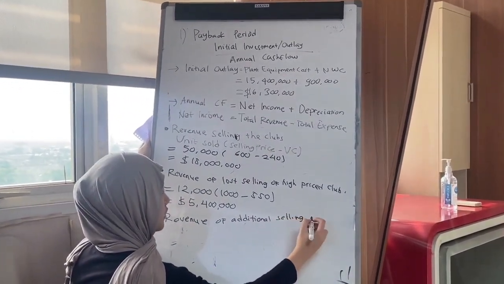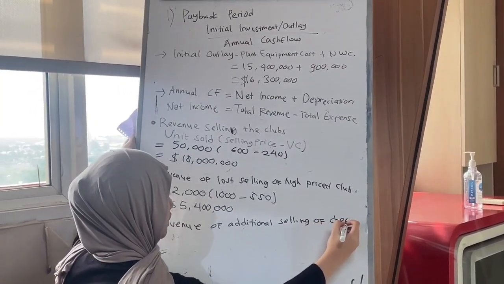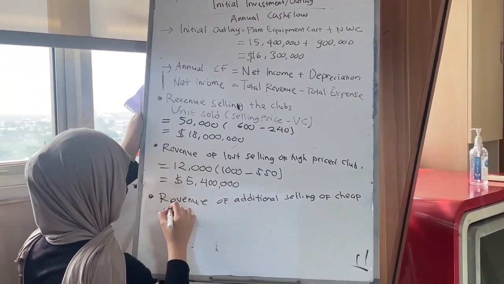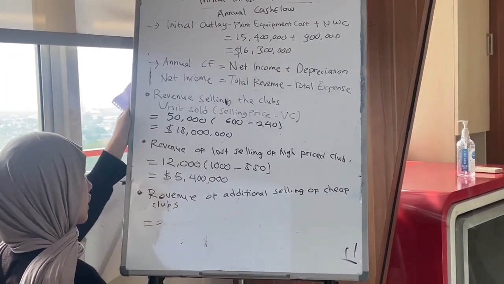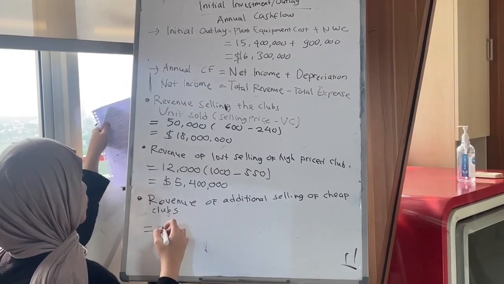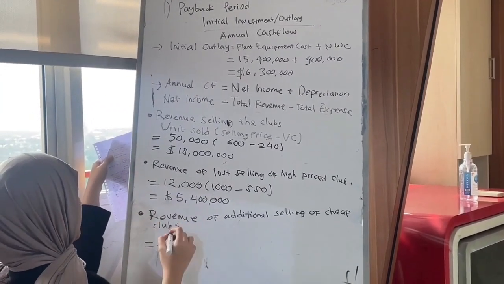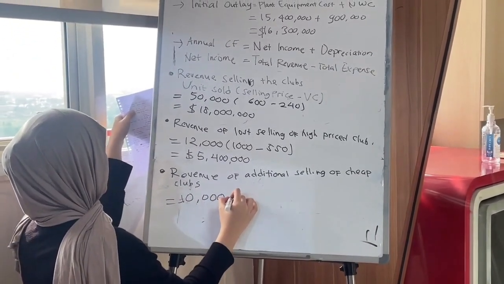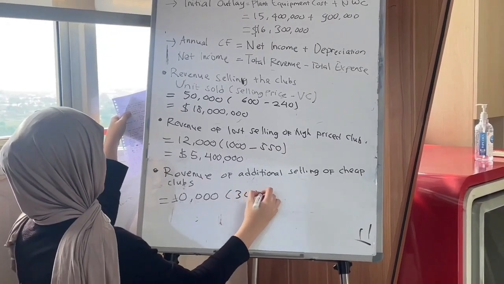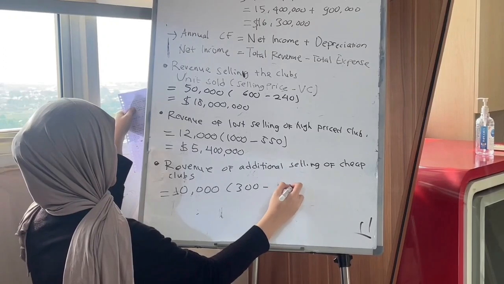And then we need to calculate the revenue of additional selling of the cheap club. With the same formula, you just have to substitute all of the data given: 10,000 times (300 minus 100).